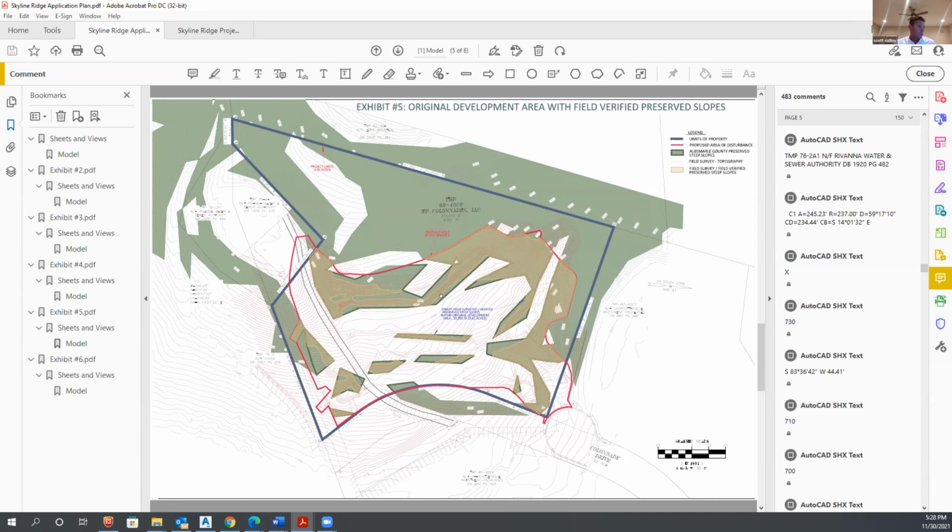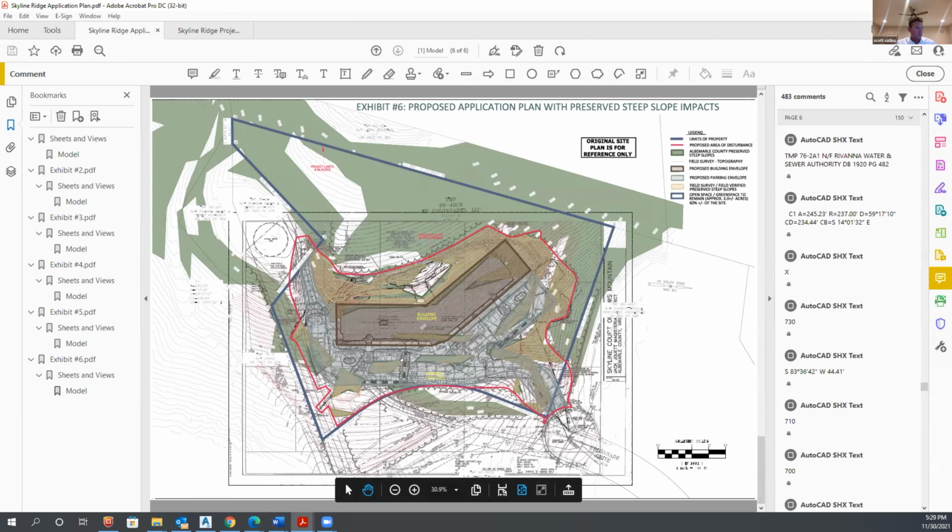Everything in orange is the actual true preserved slopes of the site, and those are the ones we're looking to get approval for impacts that would become managed slopes. And then this just gives you an idea of the overlay with the building and the site. You can see we're still staying in the original limits of disturbance.